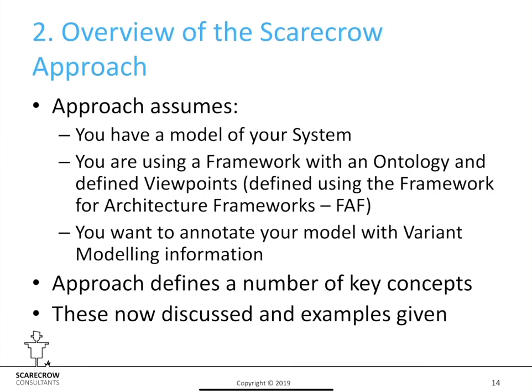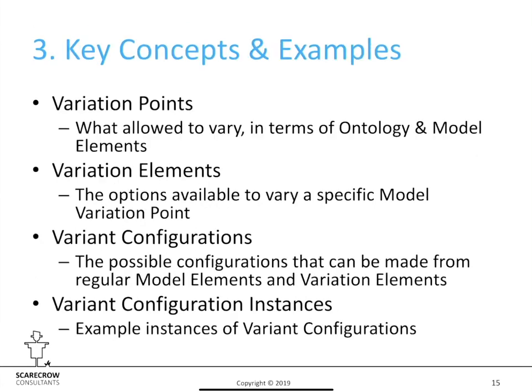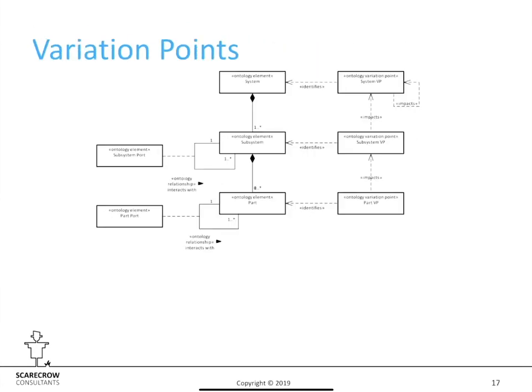So it's a model-based approach. It uses our common framework ontology viewpoint technique. It assumes that the model that you're going to put the variant modeling on has been created using that kind of approach as well. And there are a number of key concepts.